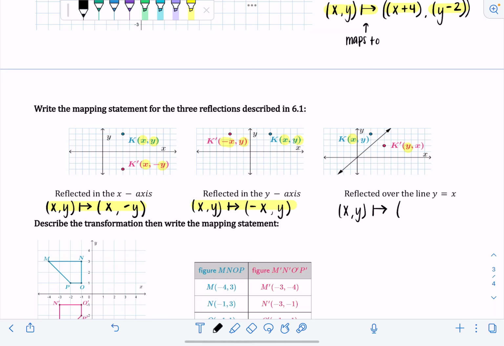So that means that y is my new x coordinate here. And then on K prime, my y coordinate, the second one, becomes x. So this would map to yx. It just switches the x and y coordinate, and that's what this mapping statement is telling you. So xy maps to yx.